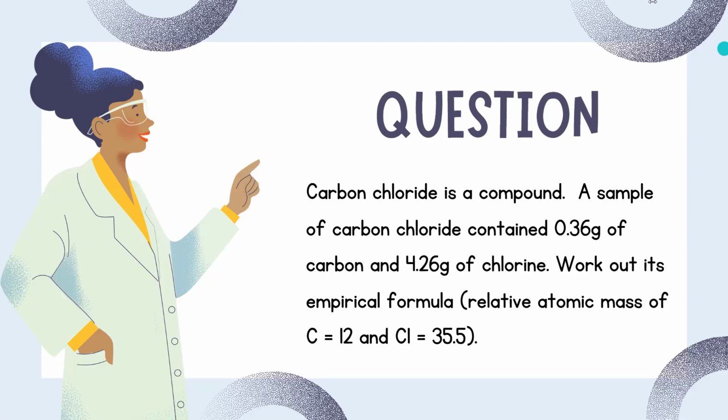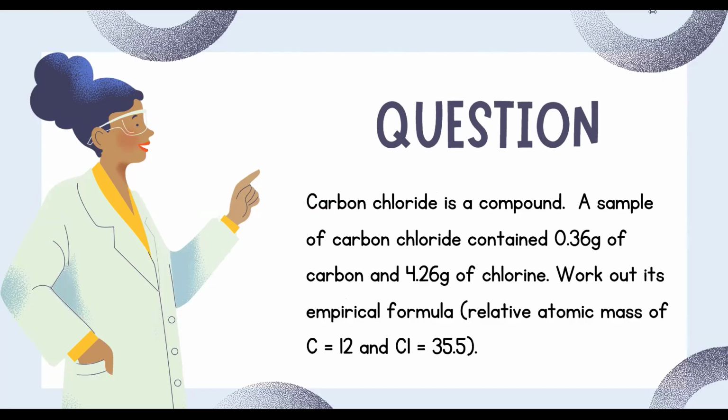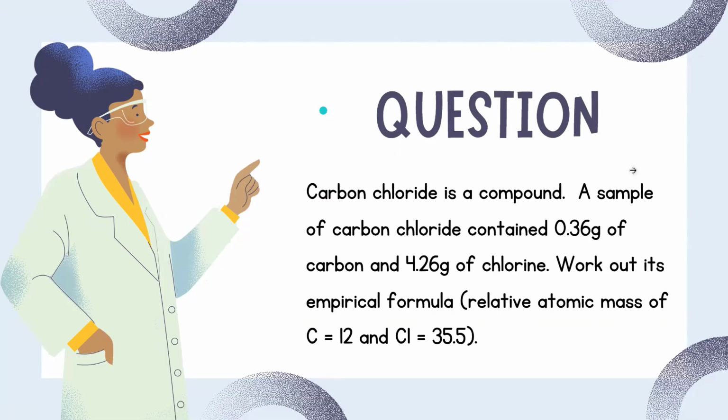So carbon is 1, chlorine is 4. So give me the empirical formula. CCl4. Okay. Let's wait for the others to be done. Who else has another answer to give us? CCl4.